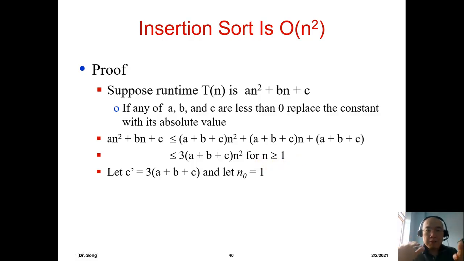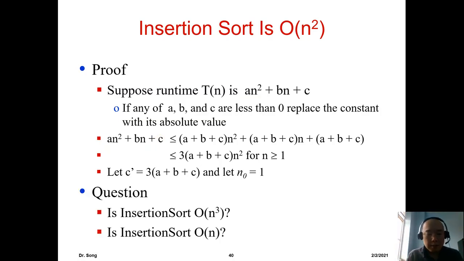So after having that, what can we say? We can say this polynomial is O(n squared), right? Okay, so this is how we figure out whether such a polynomial is O(n squared) or not. But our work is not done yet. Is insertion sort O(n cubed)? Think about that.